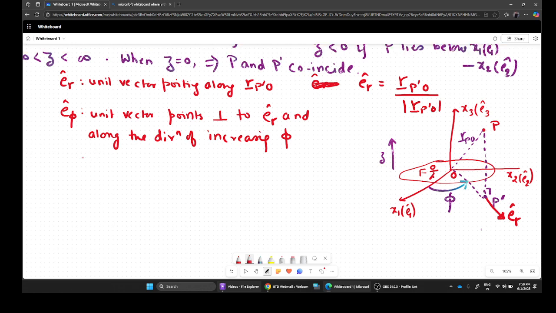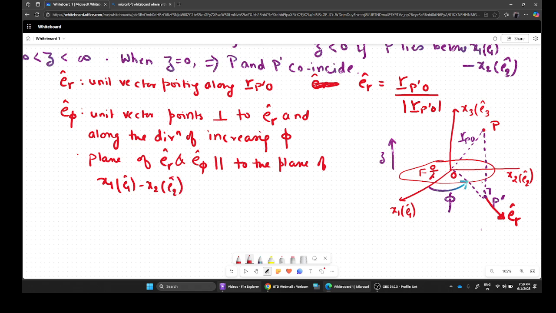In that way, the plane of e_R and e_phi is parallel to the plane of X1, E1 and X2, E2. So I'll draw e_phi in this manner, and these two are perpendicular. So that's the second unit vector.